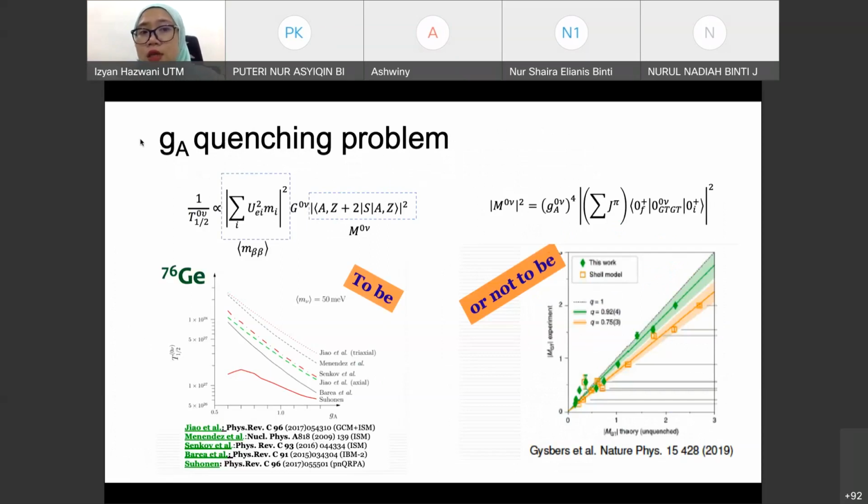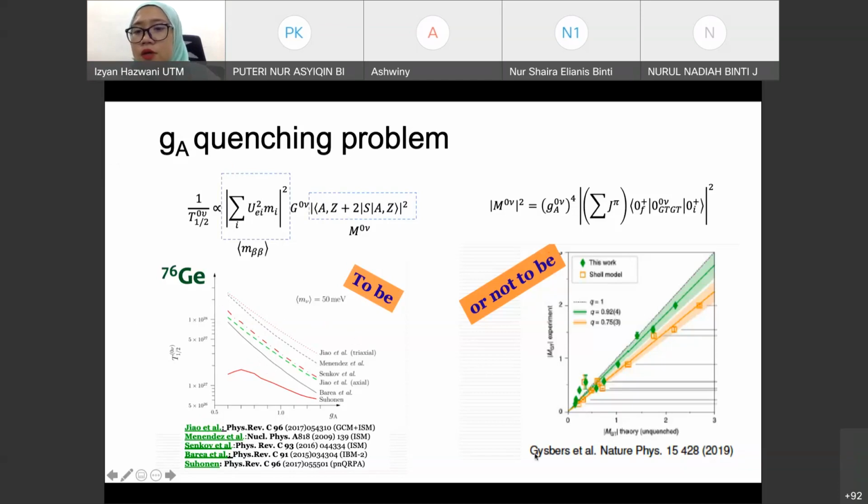They say this is the reason why the matrix elements for two-neutrino and neutrinoless decay are so different. In the experiment on germanium-76, there is some indication that gA is quenching. The value differs by up to 20%.